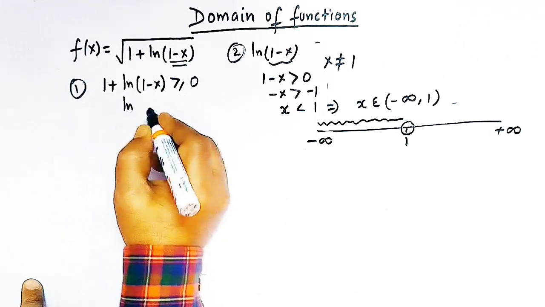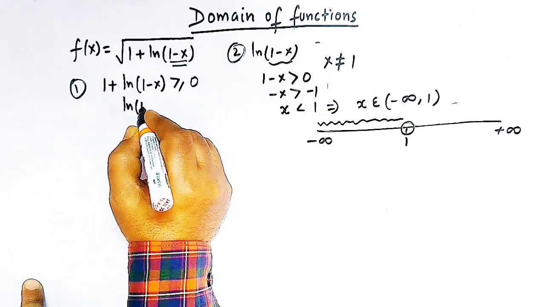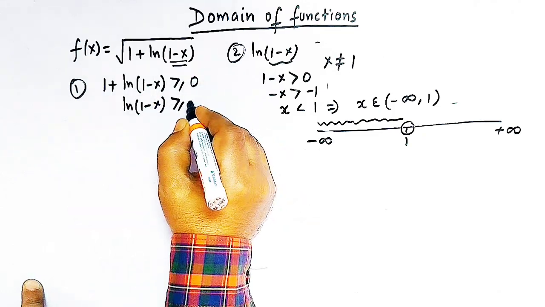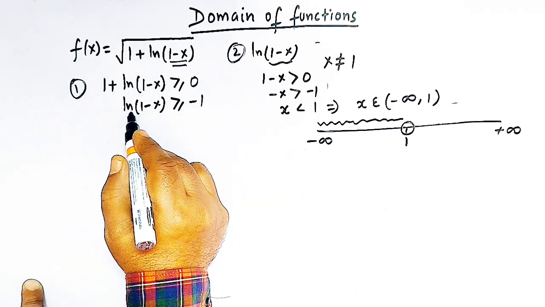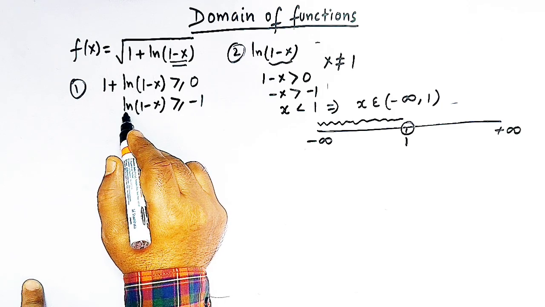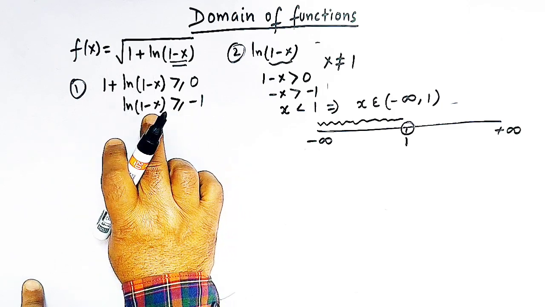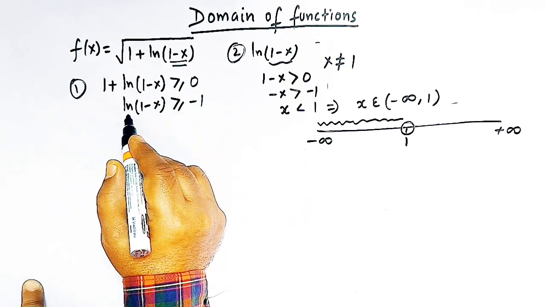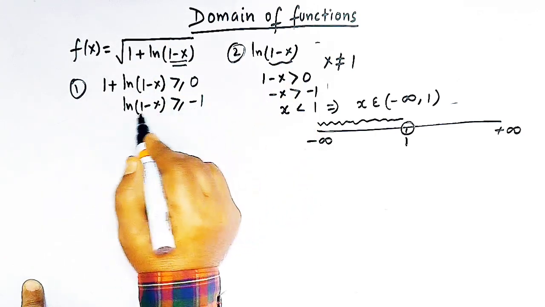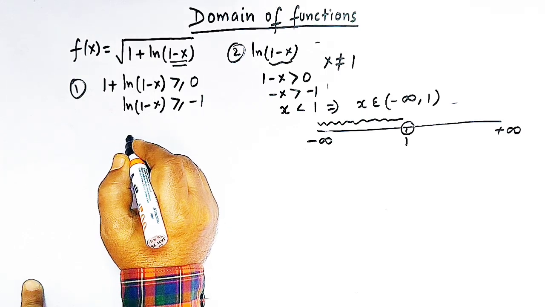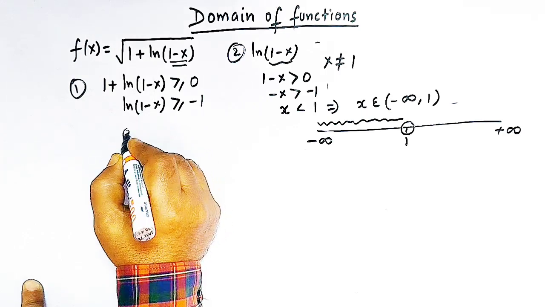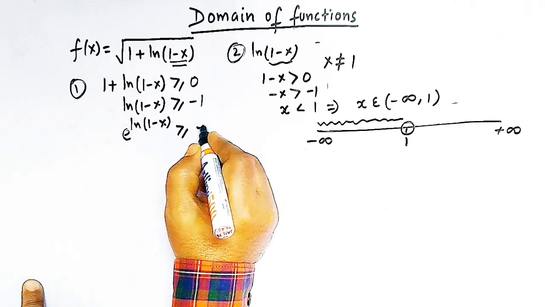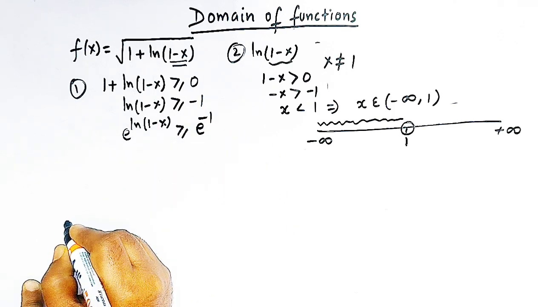So here we can now write natural log of 1 minus x is greater than or equal to minus 1, and now here we have natural log. So in order to solve this inequality for x, we will raise these two quantities to the power of e, that is we'll take e raised to natural log of 1 minus x, and here we have minus 1, so we have e raised to minus 1.